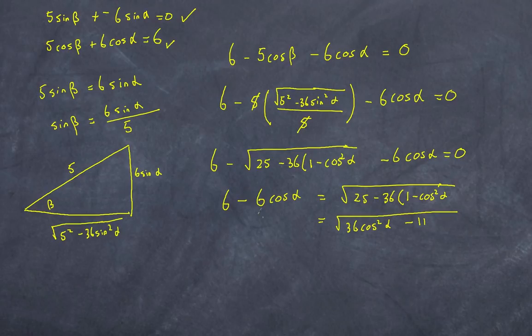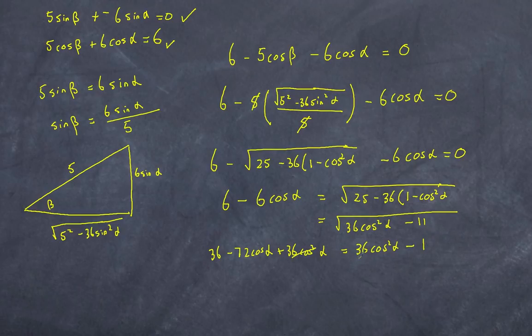Now I'm going to square both sides. This squared is simply a minus b all squared, so that becomes a squared minus 2ab plus b squared. So I get 36 minus 72 cosine alpha plus 36 cos squared alpha is equal to 36 cos squared alpha minus 11. You can see what's going to happen here.